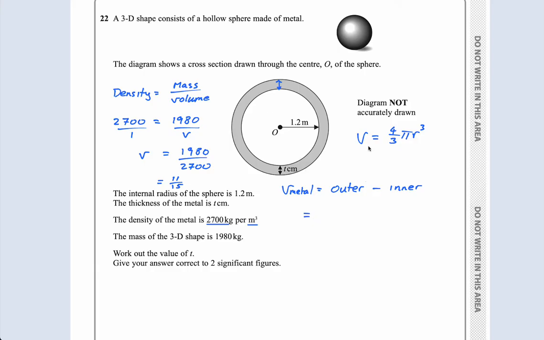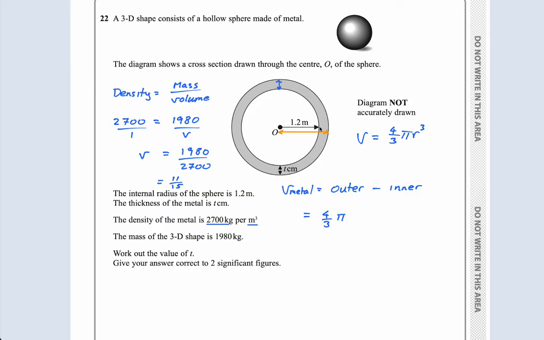Now the outer volume is going to be 4 over 3 pi r cubed. Now the r for the radius, the big radius, is going to be this distance here. Now what's that distance?